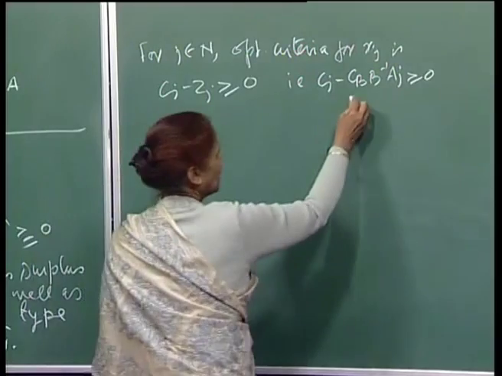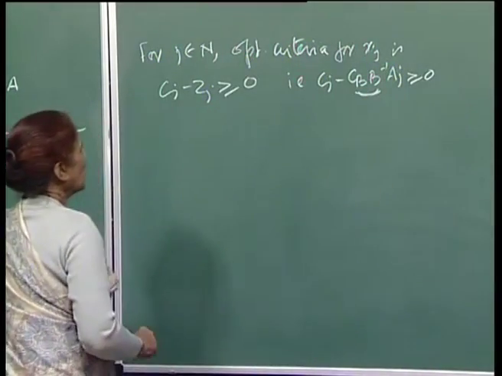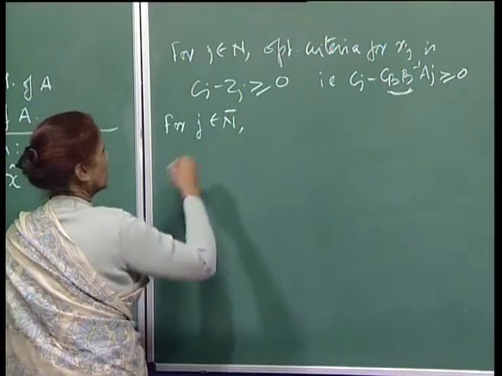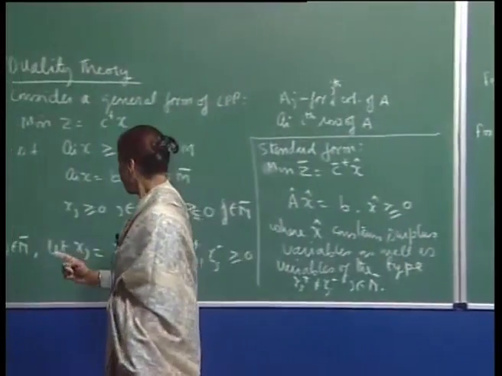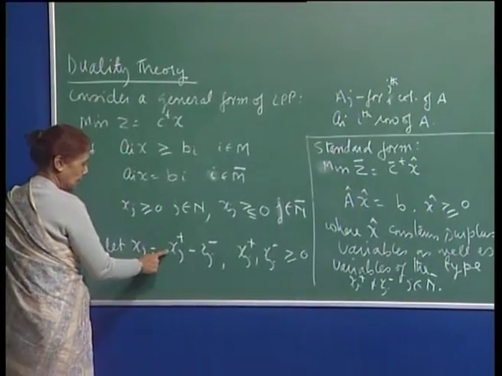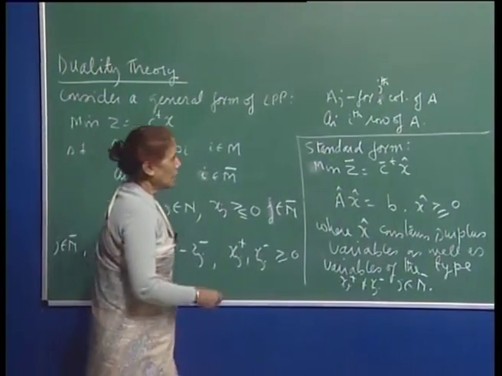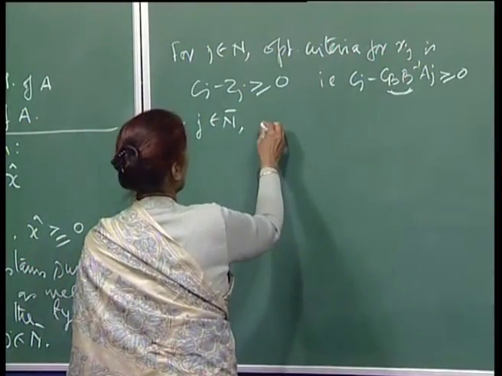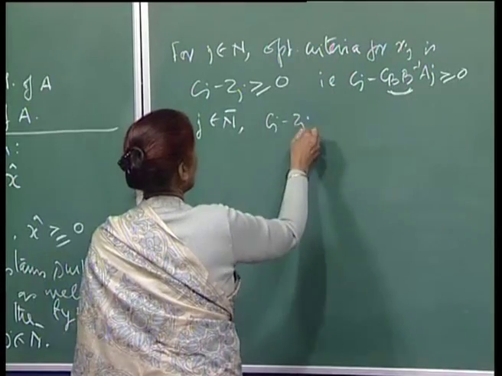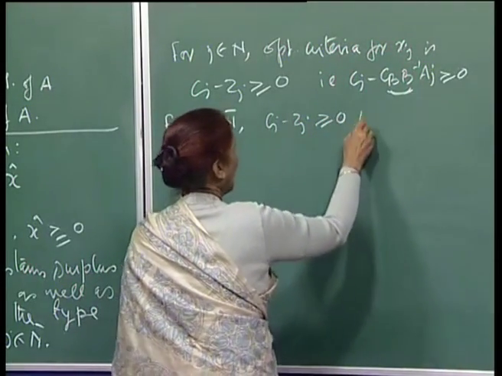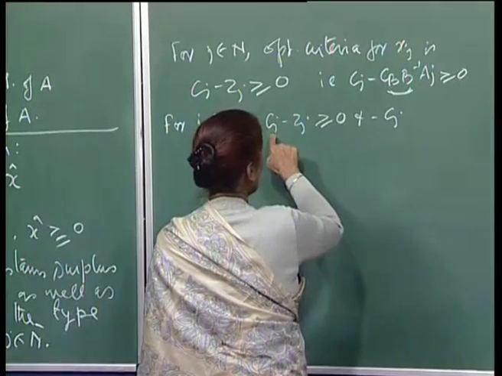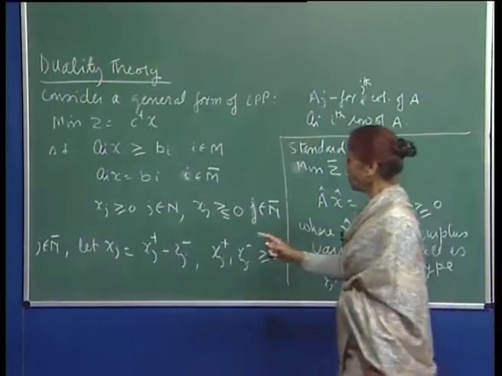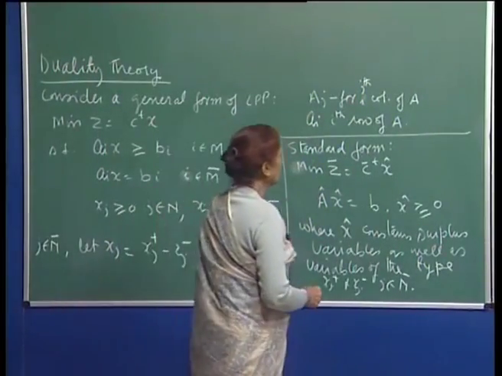So, I will just write them down and let us look at this. Now, for j belonging to n bar, remember you are going to have two columns Aj and minus Aj, right. And so, for j belonging to n bar, my two conditions would be Cj minus Zj greater than or equal to 0 and minus Cj plus Zj, because Zj is Cb B inverse Aj, right.